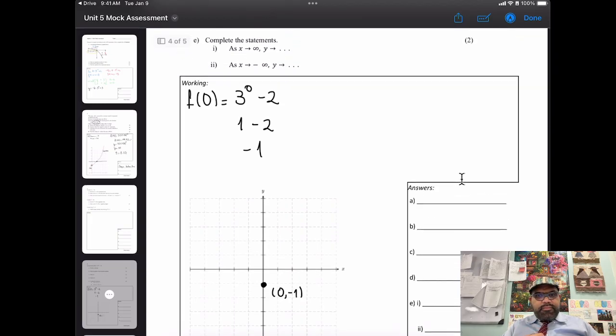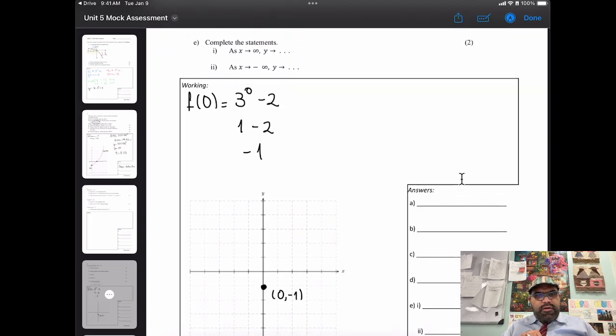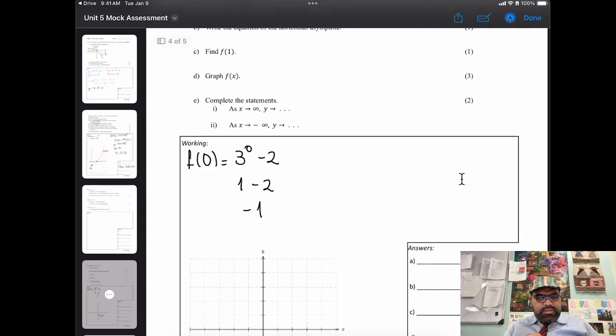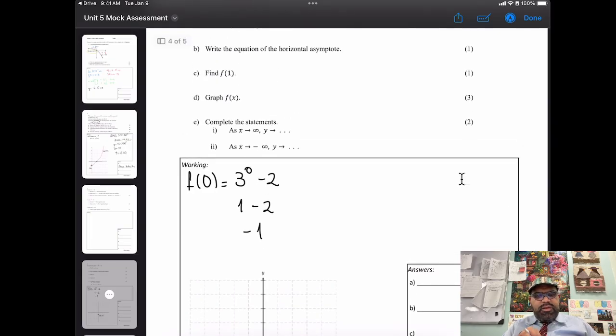Great. Write the equation of the horizontal asymptote. Guys, an asymptote, as you remember, is where our equation has a problem, where there is no result below that line. The equation goes like this, and we call this an asymptote.